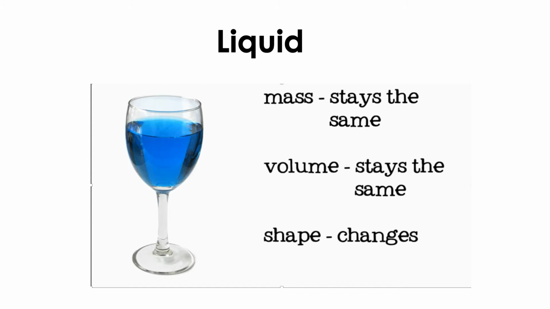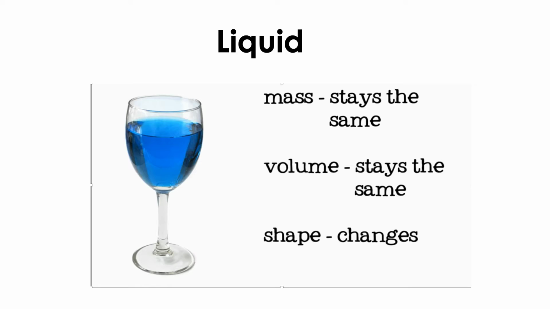Now, liquid mass stays the same, and the volume stays the same, and the shape is changed, or there is a change in the shape according to the space that it can be occupied by the liquid. So that is the liquid, kids.